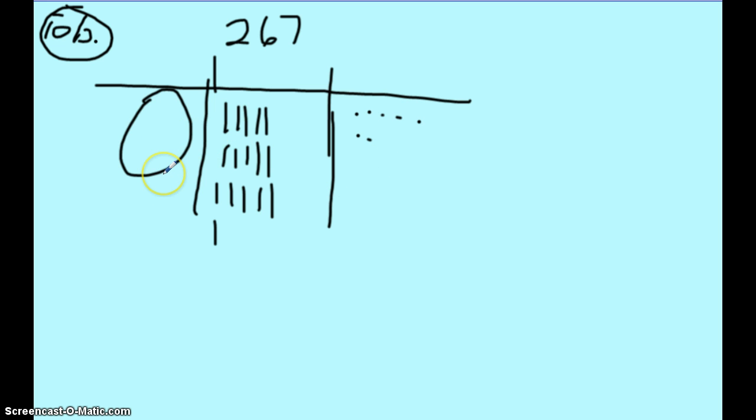How many hundreds should go here so that it does equal 267? Well, I noticed that my 7 ones, there's nothing I can do with my 7s because I need 10 ones to make a 10. So I now go to my tens place, and we see that there are quite a few tens here. And in our system, we know that I can take 10 tens and make 100.